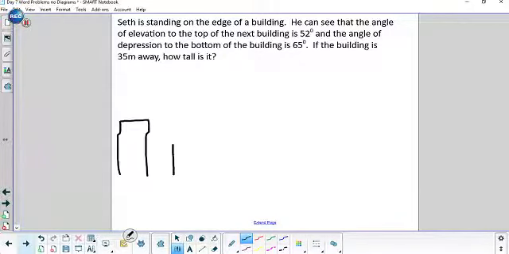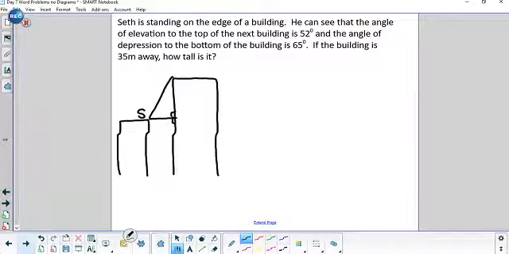We've got building 1, we've got building 2. Seth is standing on the edge of the one building. We can draw ourselves a straight line across that makes 90 degrees with the other building. We are told the angle of elevation to the top of the next building is 52 degrees, and the angle of depression to the bottom is 65 degrees.